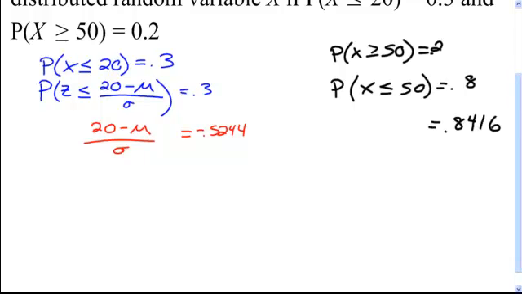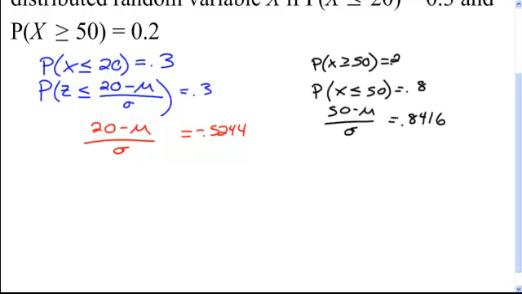So therefore, this equals 0.8416 when I convert this into a z-value, which is 50 minus my mean divided by my standard deviation. We're talking about the same mean and the same standard deviation. So I have a system of two equations with two unknowns, both my mean and my standard deviation. So I'm going to expand these out a little bit.